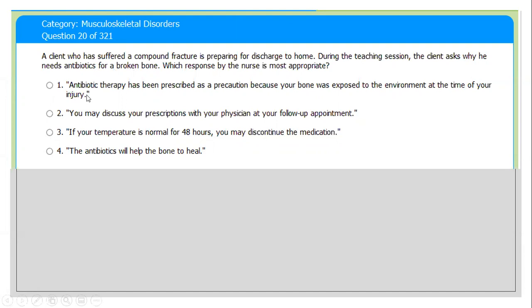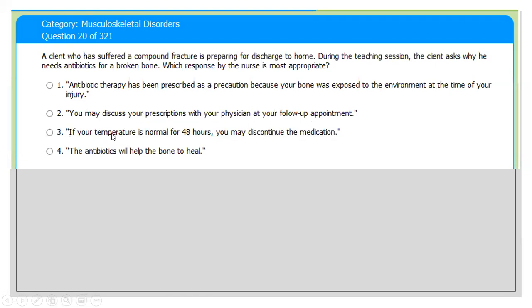Number 1, antibiotic therapy has been prescribed as a precaution because your bone was exposed to the environment at the time of your injury. Number 2, you may discuss your prescription with your physician at your follow-up appointment.